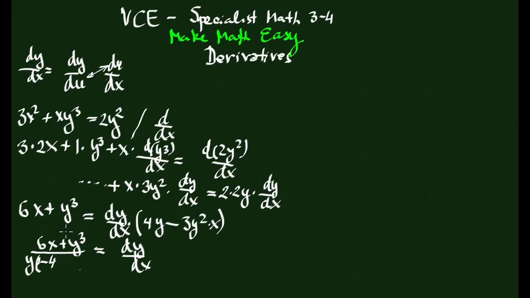Oh, sorry, I apologize, not dividing. We're taking it to the whole side, so both sides divided by the same expression. So what we're getting is y there, and 4 minus 3y x, and that's the final result.